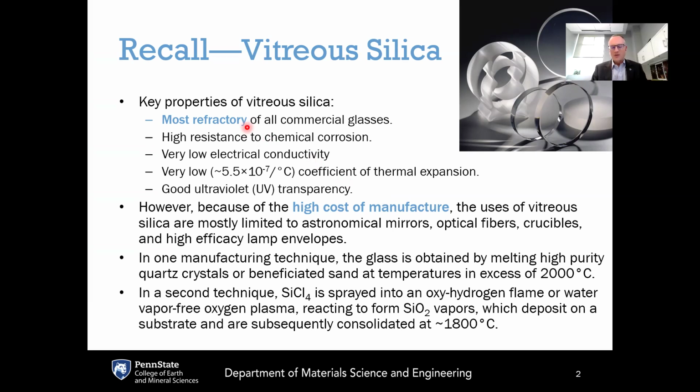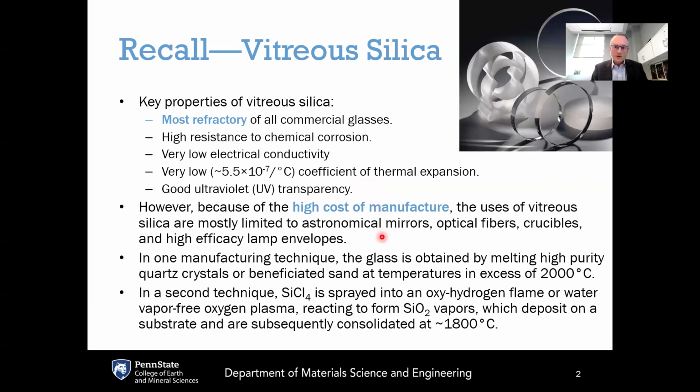This is why it's used, for example, in the windows for space shuttles. Pure silica also has an extremely high resistance to chemical corrosion, very low electrical conductivity, very low thermal expansion coefficient, and also pretty decent ultraviolet transparency in the near UV.